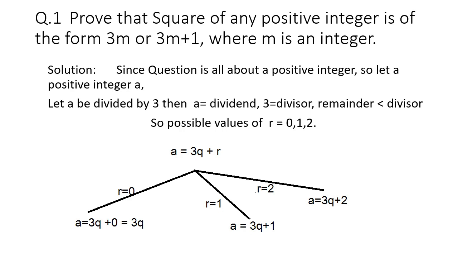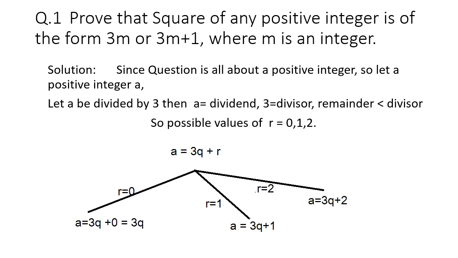If you notice, the question is all about squares, not only the positive integer. So I have to square this particular form, and in all these square forms I will get the answer as 3m or 3m plus 1. It means I have to square this form, I have to square this form, and I have to square this form.